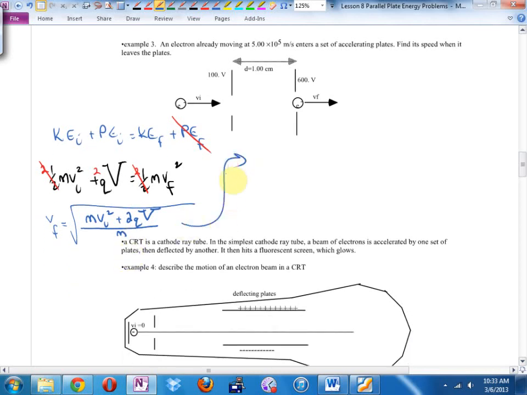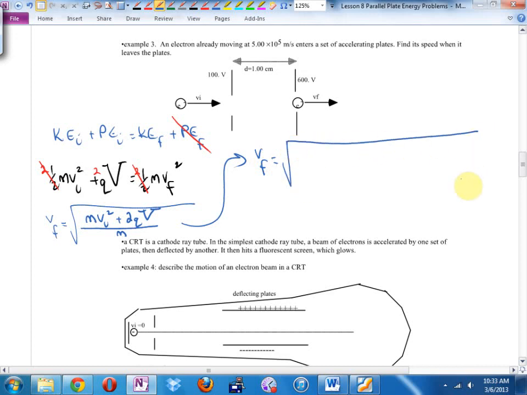Is that right? You know what? I probably should have just started crunching numbers and then got the speed by itself. But we've come this far. Dorothy, let's see if we can take the challenge. Final speed is going to be a big, huge square root. Mass.